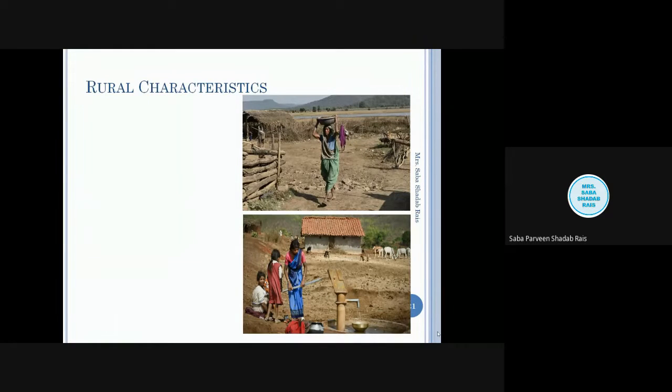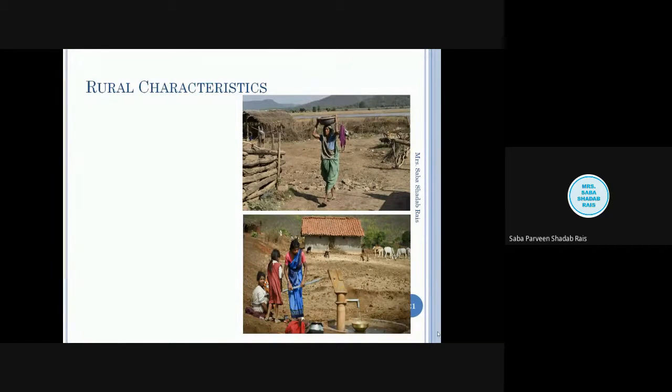The cool air, the fresh water, the purity, we feel the sense of purity in the villages, the pure food, organic food, the good quality of vegetables, the good quality of non-veg also, everything is very good over there.